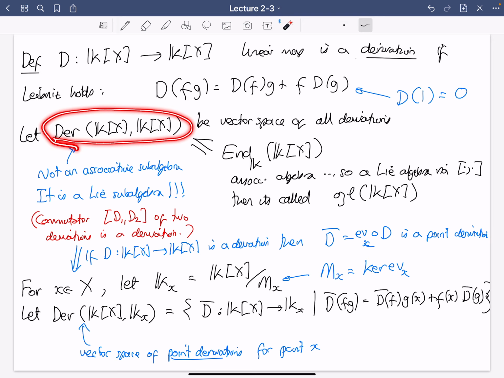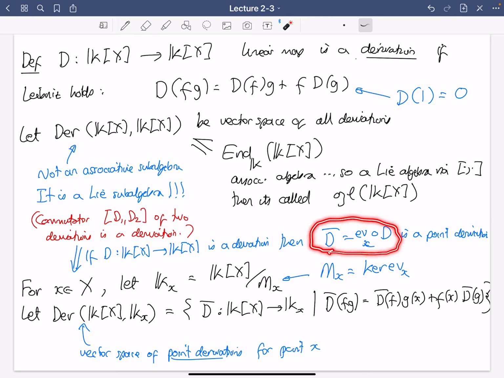And for any d in there, if you compose that d with evaluation at x, you get this d bar. That's kind of an important formula right there. And then d bar satisfies this modified version of the Leibniz rule. This is the formula for a point derivation. So this d bar becomes something in this vector space of point derivations. It's just a vector space now. This doesn't have any kind of Lie algebra structure on it, having evaluated.